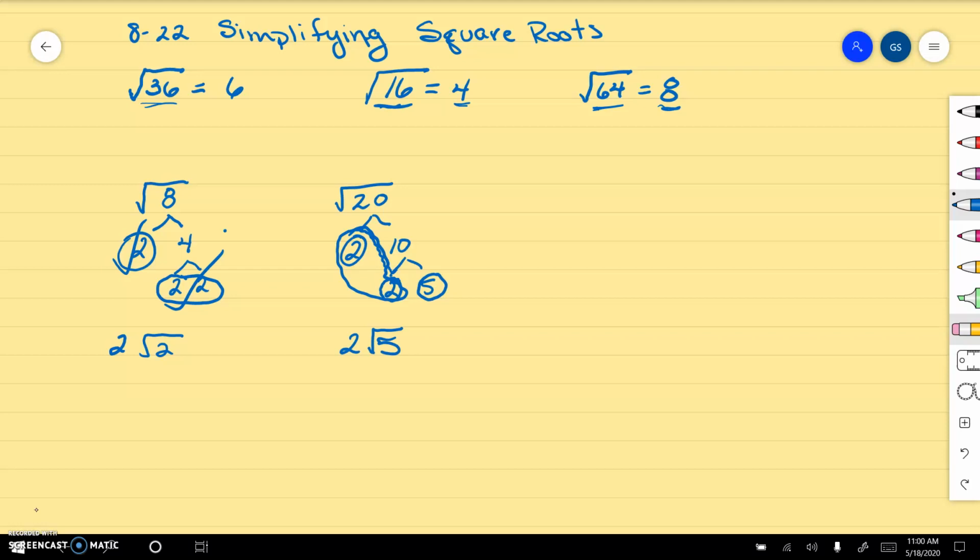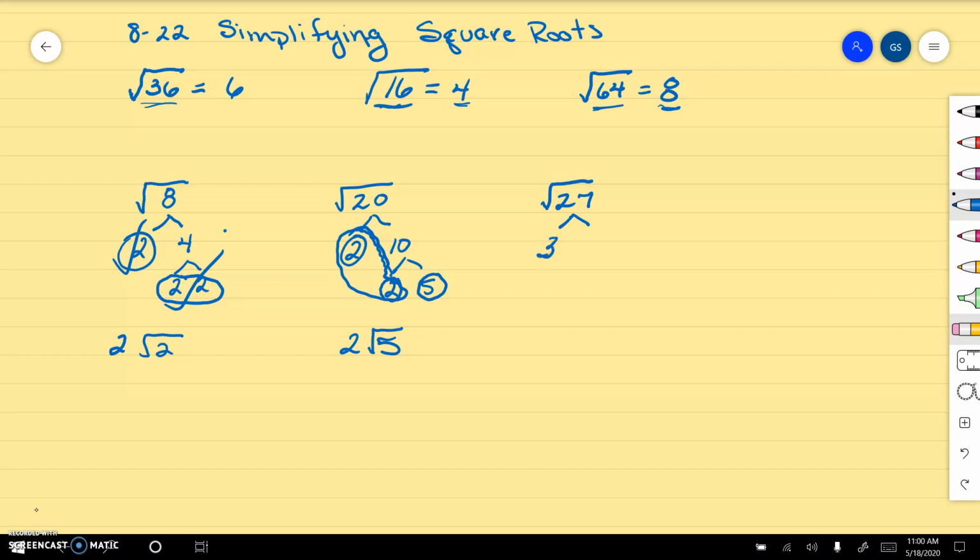Okay, let's try another one. How about the square root of 27? We're going to try to break that down. Now, 2 does not go into 27. So what about 3?